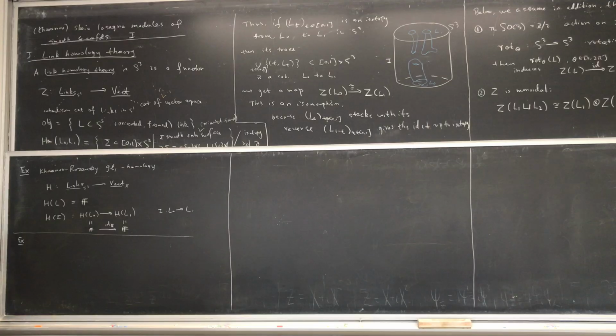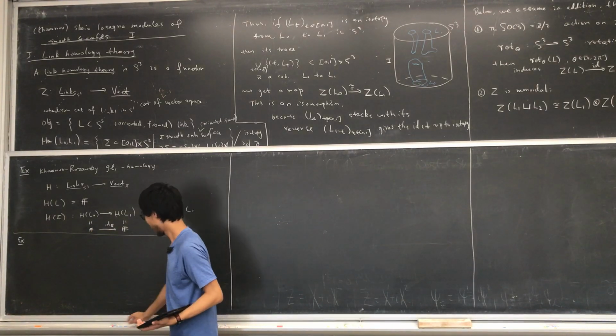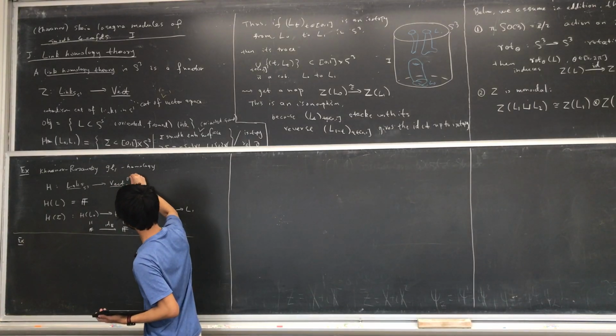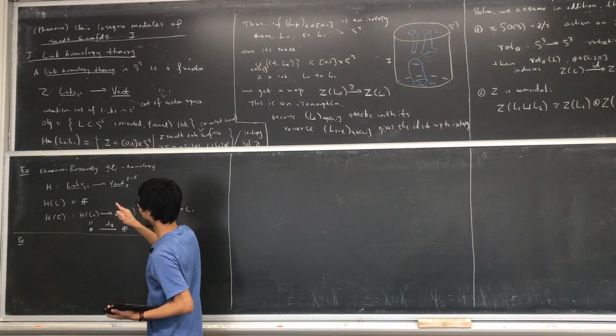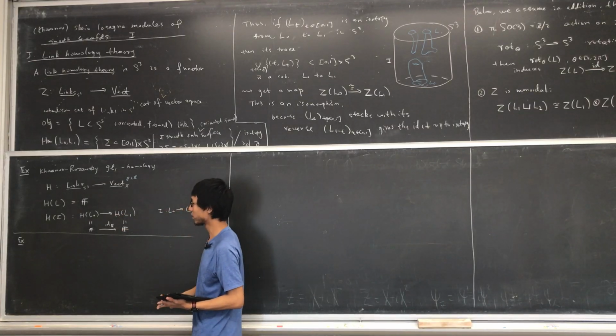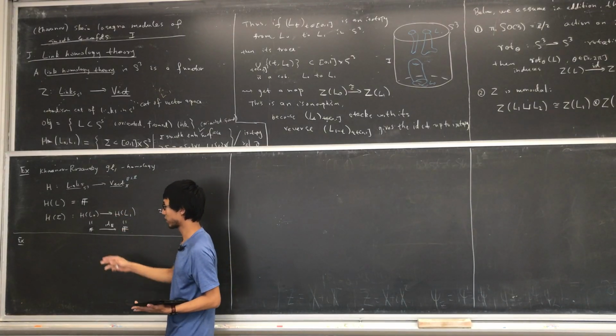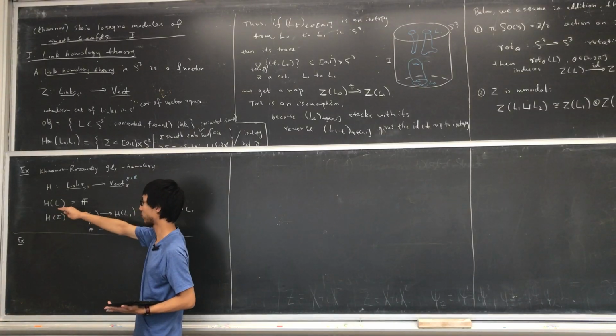Okay. All right. Next example, I will not explain this here, but maybe if I have more time, I will talk about this. It's a little funny, right? I mean, in gl_n theory, if I study gl_1 invariants, it's not quite true. I mean, there's some grading, so it's not true that... That's right. In general, this will be bigraded. Then the grading is not that boring. Yes, the grading records more or less the framing of my link.